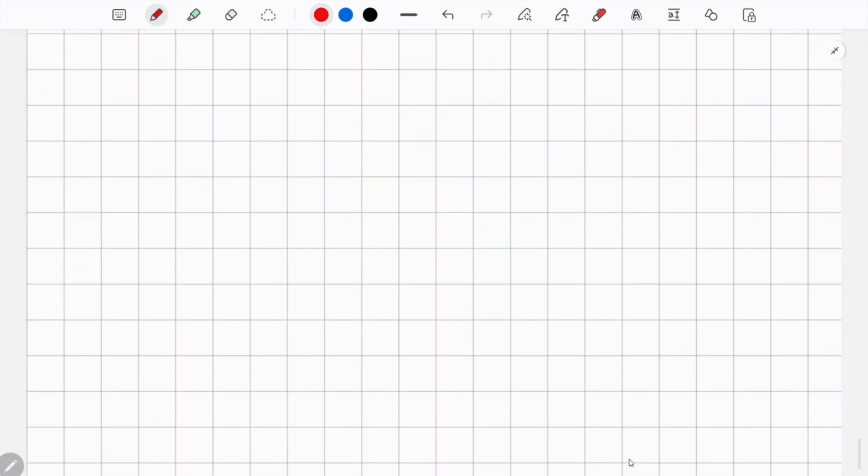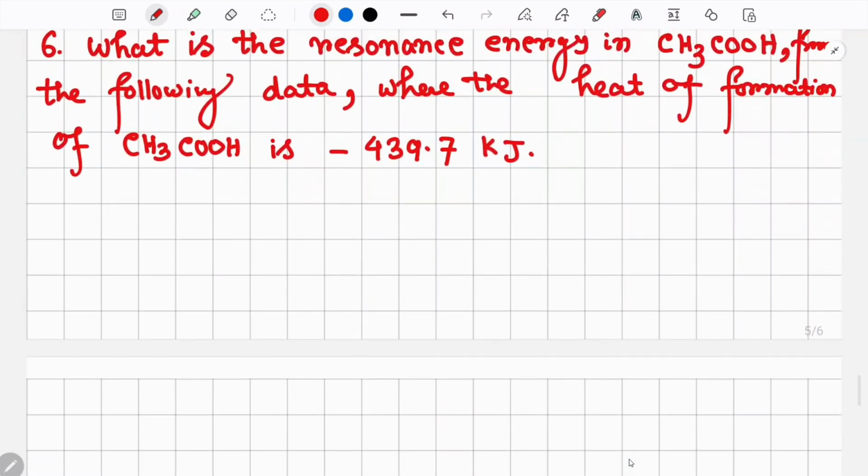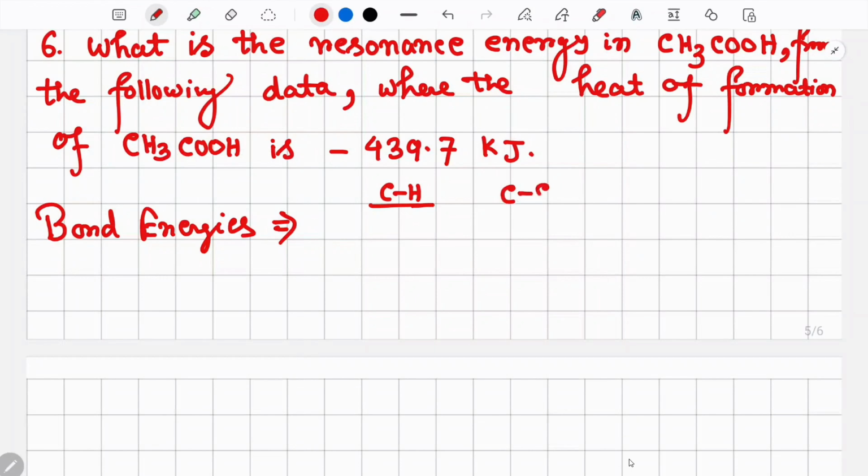And what is the data given? That is the bond energies for CH, CC, CO, CO, and OH. And the heat of atomization is also given.